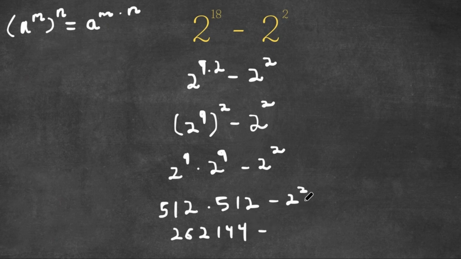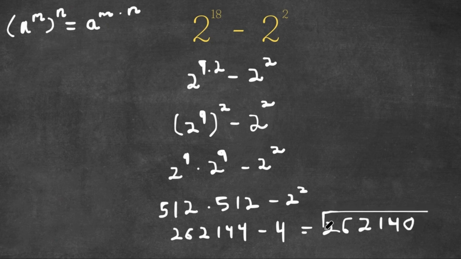And we have minus 2 squared is the same thing as 4. And this is equal to 262,144 minus 4 is simply 262,140. So this is our answer.